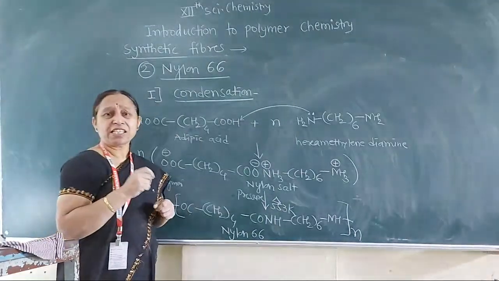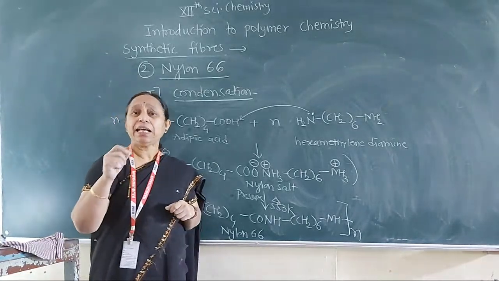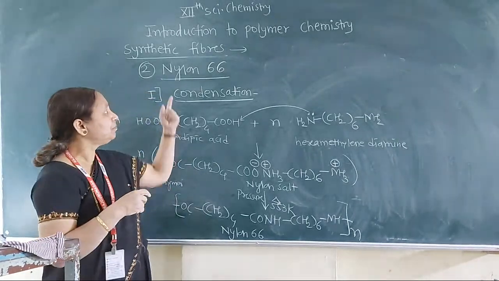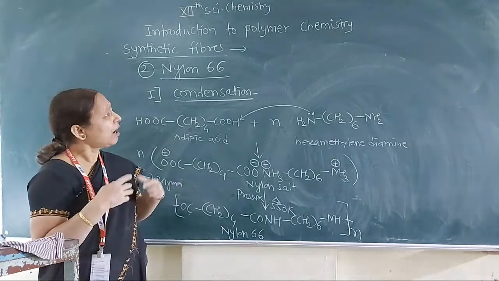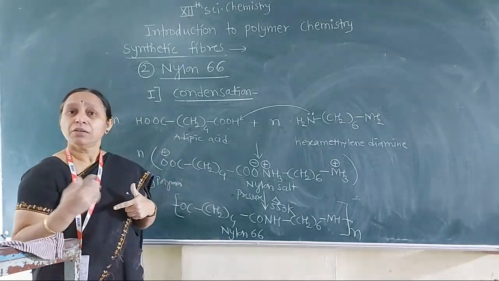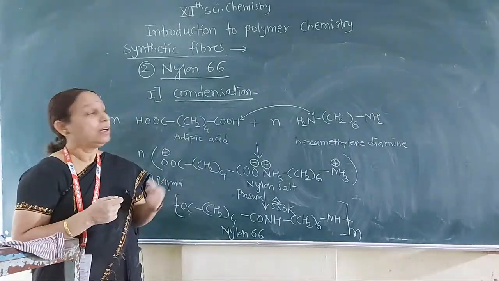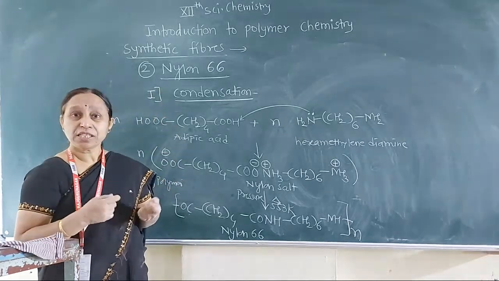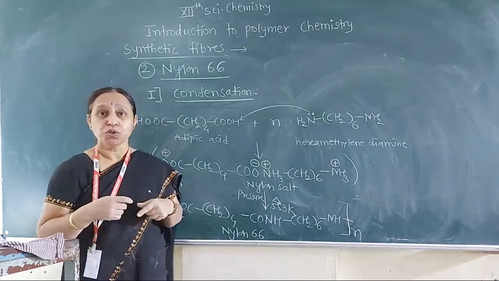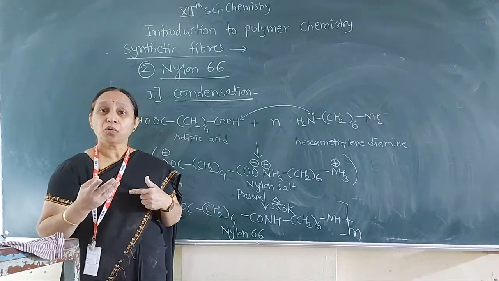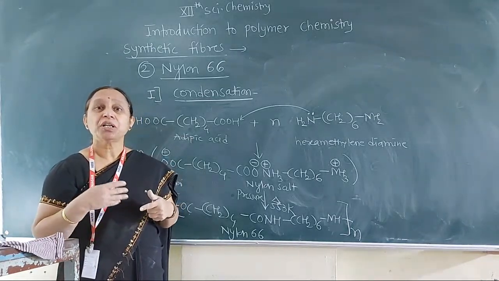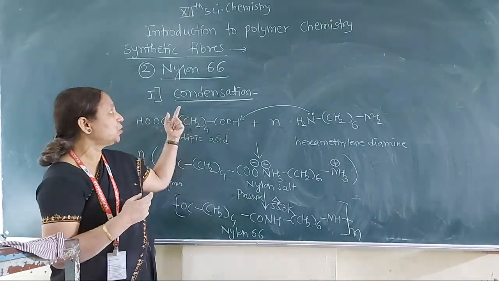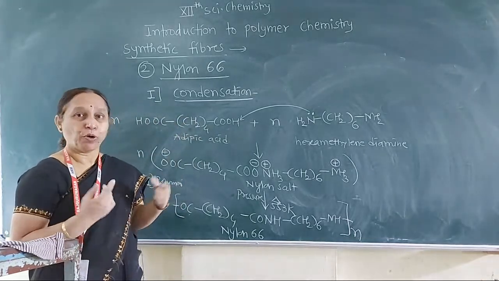This nylon 66 has high tensile strength. This is a high tensile strength fiber, and nylon 66 is used for making ropes or surgical sutures. So this fiber is also important.